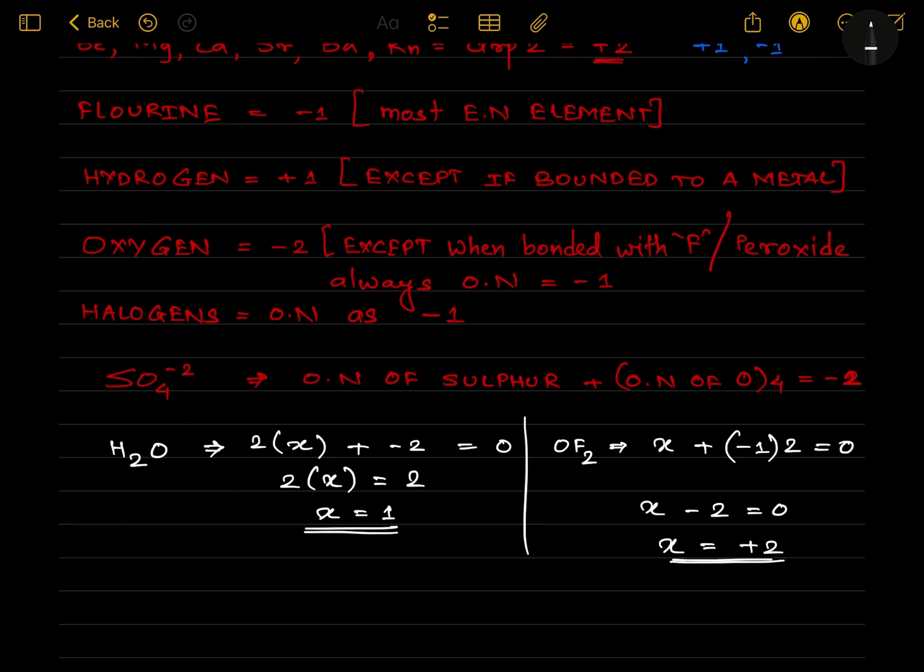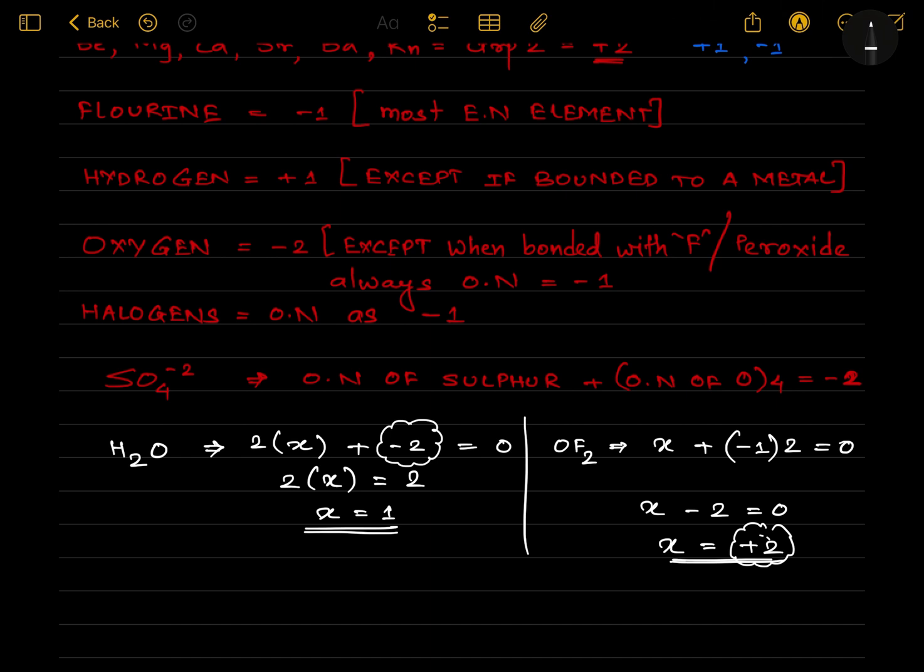Now I get that the same oxygen, which was earlier having -2 as the oxidation state, is now having an oxidation state of plus 2. So understand, the oxidation states depend upon whichever element it is combined with.